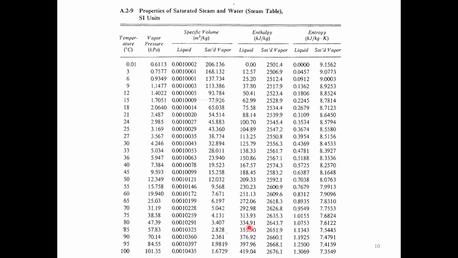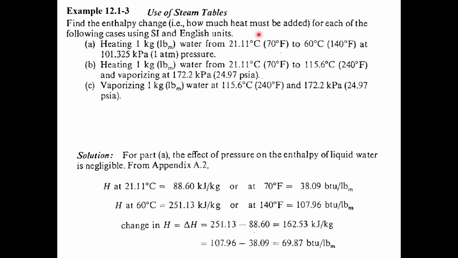The difference will tell you the amount of energy that is needed to raise the temperature of water from 12 to 80 degrees centigrade, and this is all per kg. I hope this clarifies how you would have to use steam tables. All right, so let's look at a problem.